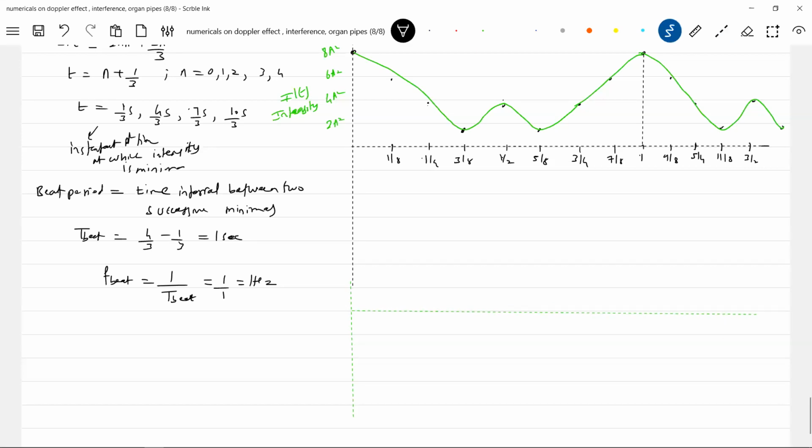The experimental curve, what we are supposed to learn, it will touch some lower value.